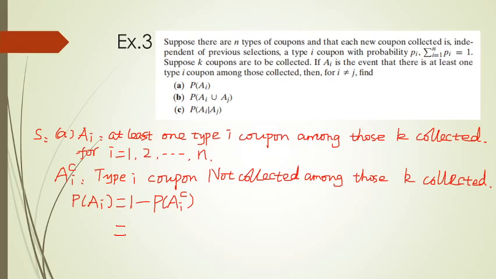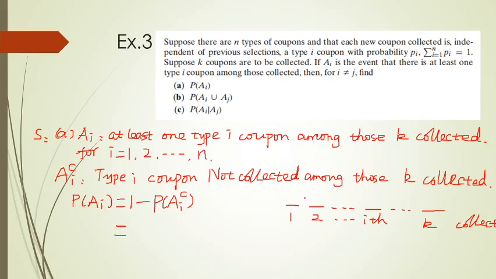So for each one, we are going to collect K. The first one, the second one, the ith one, and until K. These are the K collected coupons.